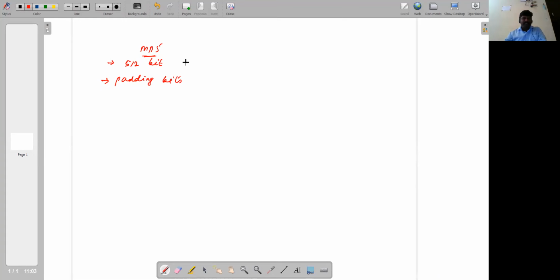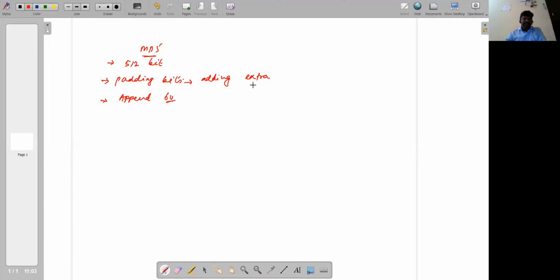If the block size is not equal to 512, then we need to do the padding bits. This means adding some extra bits so that the length of the block equals 512, followed by appending the length. We need to represent the length of the plain text bits in 64 bits.